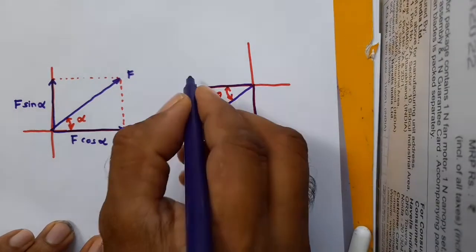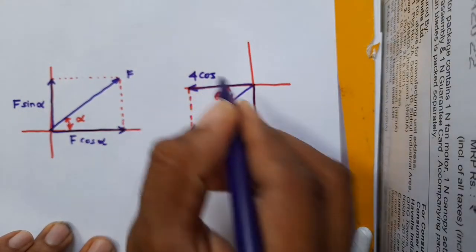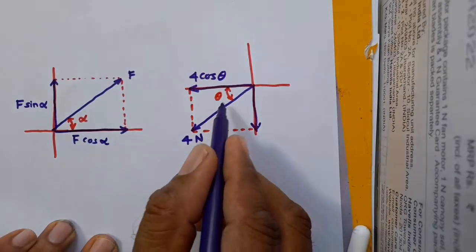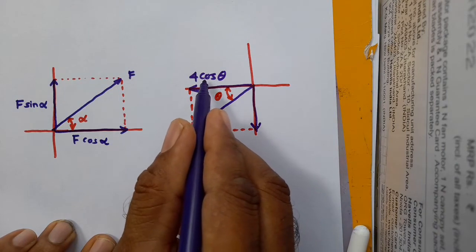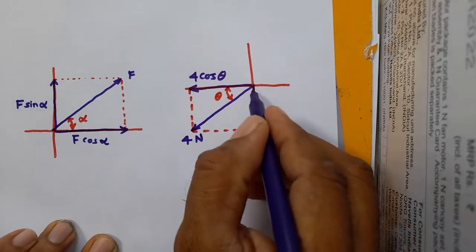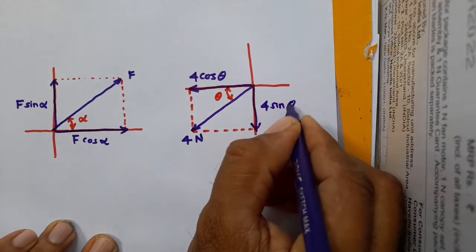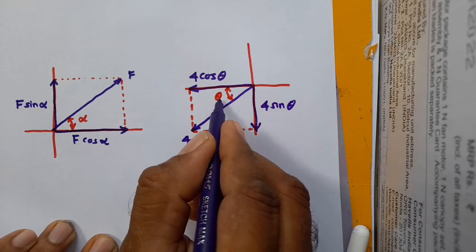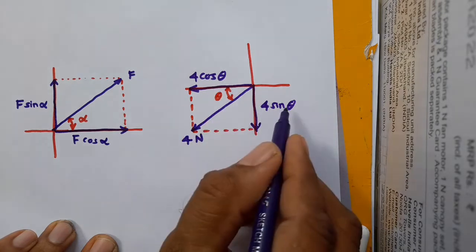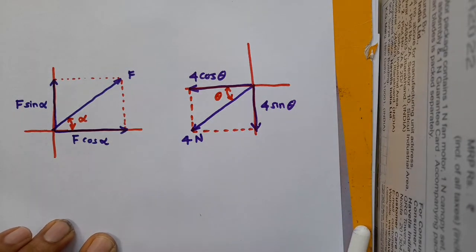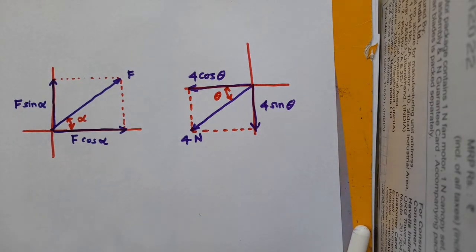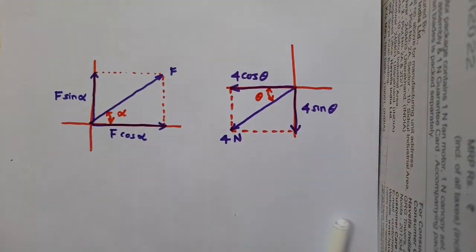This will be called 4 cos theta. Horizontal is always associated with cos, and vertical will be called 4 sin theta. Whatever acute angle you get here, you produce it here as well as here. This is how you resolve the force into vertical and horizontal directions.